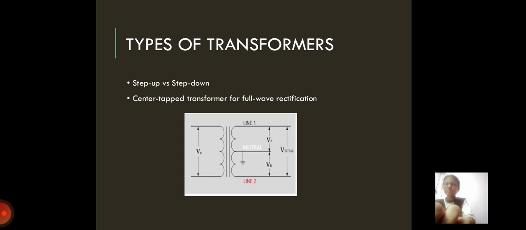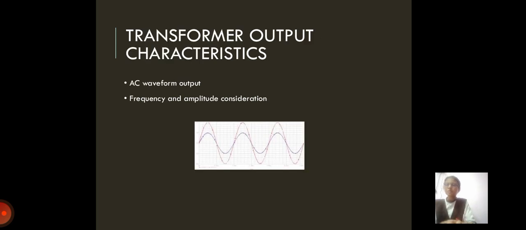Here, the outer signal is the signal which is supplied to the transformer, whereas the small sinusoidal signal is the output which we get from the transformer. The frequency remains the same, whereas the amplitude decreases.